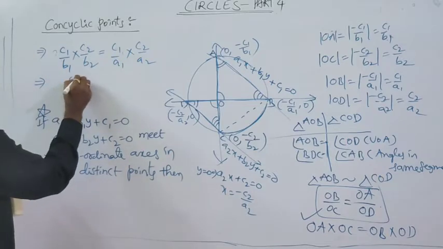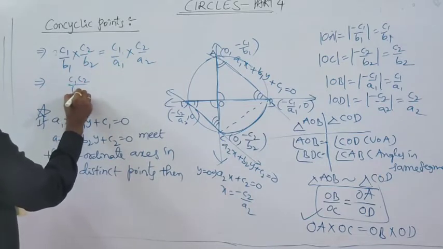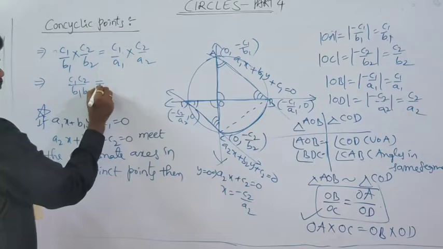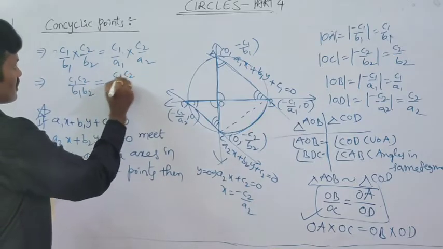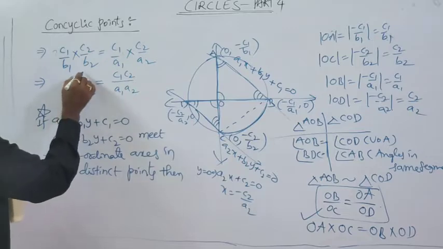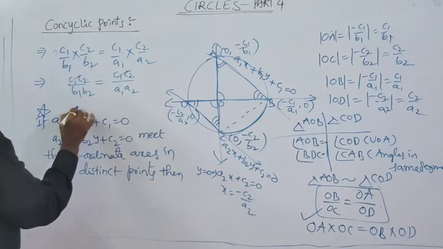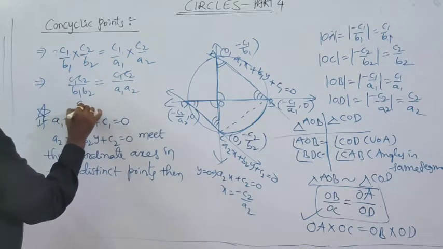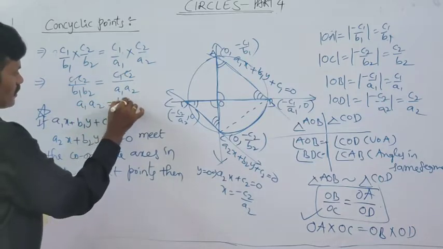By product, c1 into c2 by b1 into b2 is equal to c1 into c2 by a1 into a2. So these two get cancelled. If you cross multiply, you will get a1 a2 is equal to b1 b2.